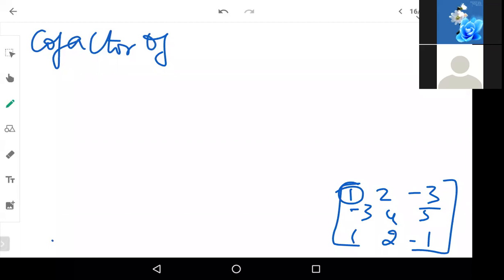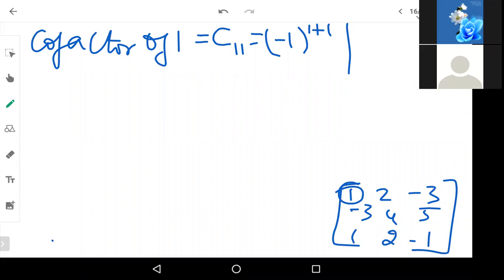So cofactor of 1, that is nothing but C first row, first column, is equal to minus 1 to the power first row plus first column into the minor. What is the minor for 1? Can anybody say what is the minor for 1? Okay, correct, Spurti.